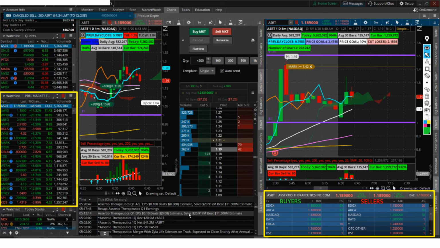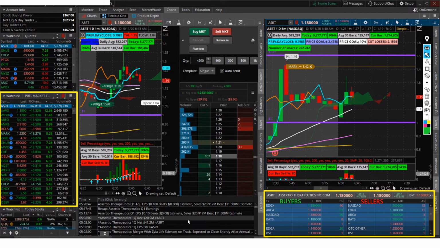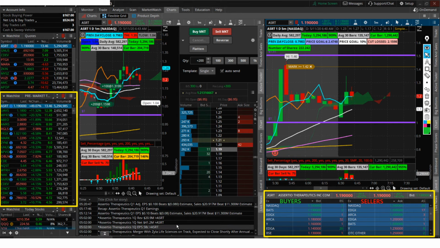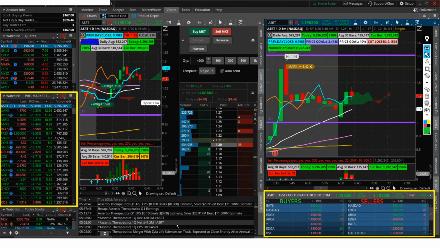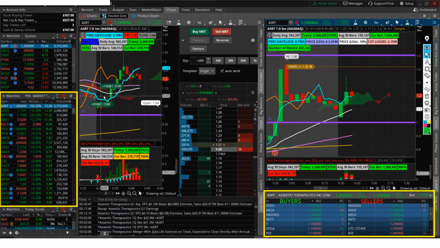ASRT's earnings, what was it? The stock opened at $1.04. So looking at the level 2, I do see a lot of sellers, a lot of selling pressure still.